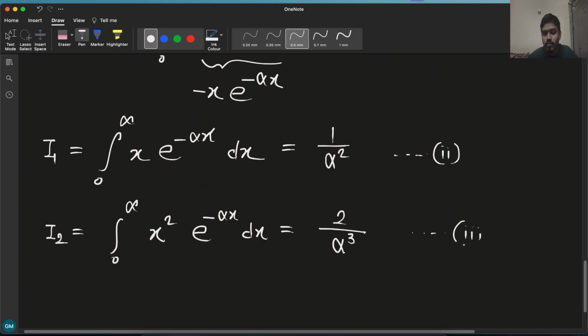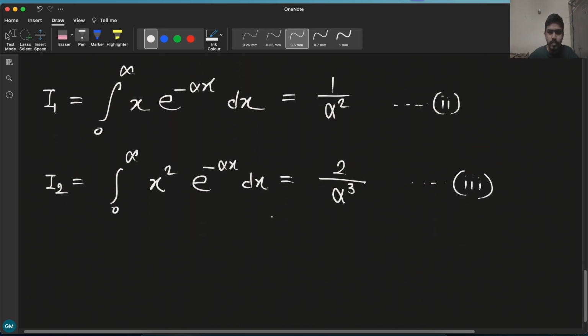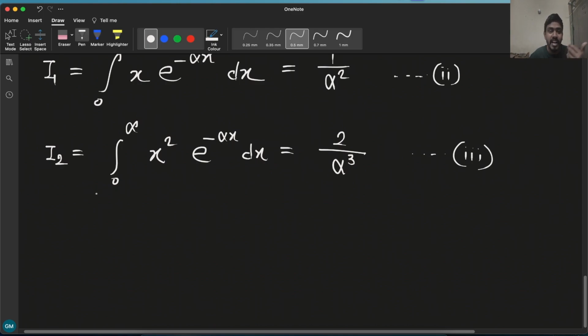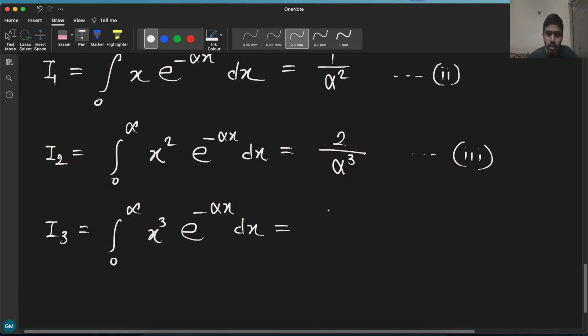Let me write it equation 3. Similarly, if I differentiate it again with respect to alpha, then I will get I3 equals integration from 0 to infinity x cube e to the power minus alpha x dx equals 3 times 2 divided by alpha to the power 4. Okay, let me call it equation 4.